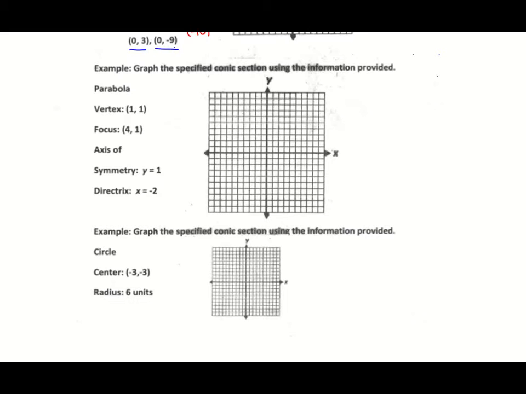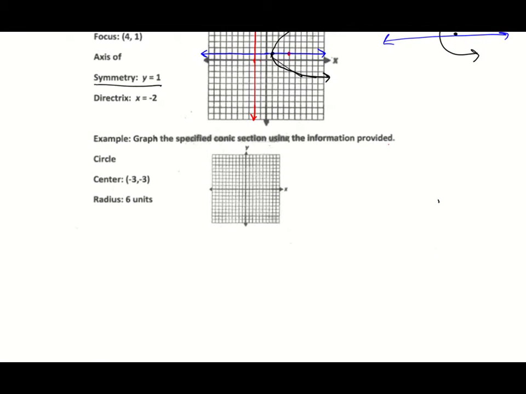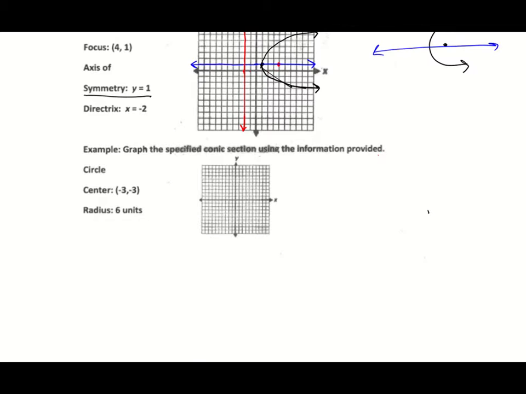Okay. Next question. I have a circle. Graph my circle using the information provided. Center is (3, -3). Let's make this a little bigger.